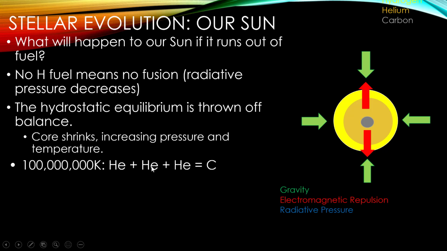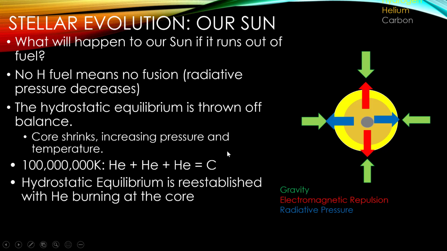Three heliums come together to make a carbon atom. So a new reaction starts inside the core, and that carbon will start to grow just like the helium had been growing. Since we have a new reaction, hydrostatic equilibrium gets balanced, so the core stops shrinking. At 100 million degrees, helium is burning into carbon in this layer.